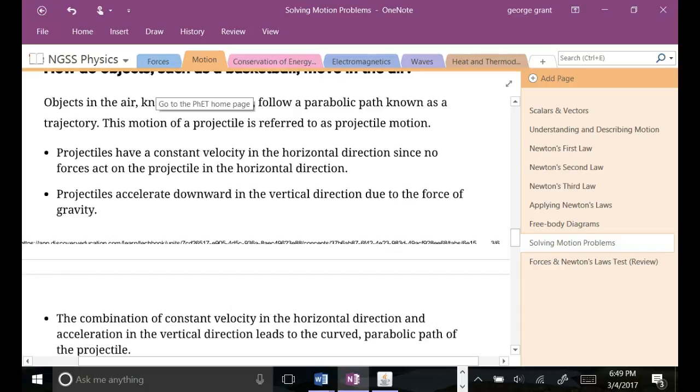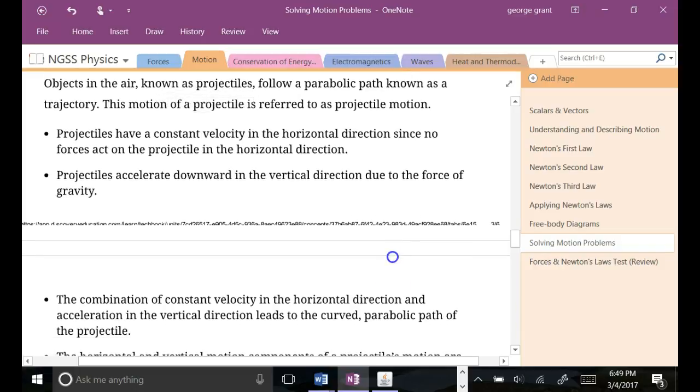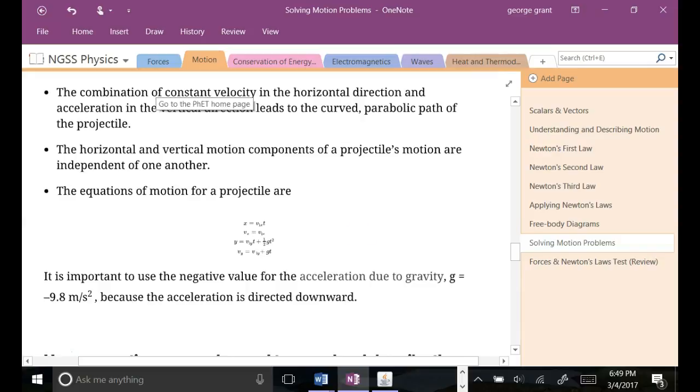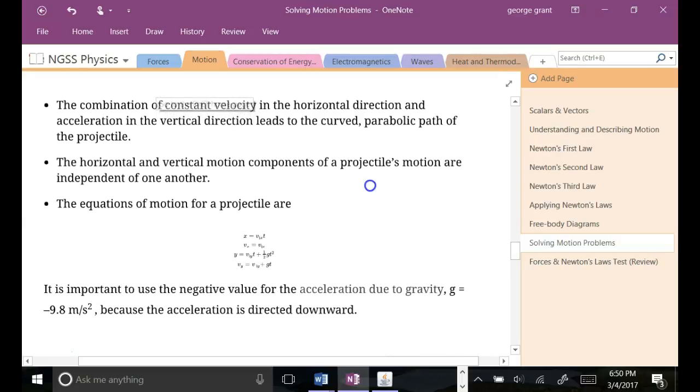So projectiles have a constant velocity in the horizontal direction since no net force acts on the projectile in the horizontal direction. Projectiles accelerate downward in a vertical direction due to the force of gravity, otherwise known as the weight. The combination of constant velocity horizontally and acceleration in the vertical direction leads to the curved parabolic path of the projectile.